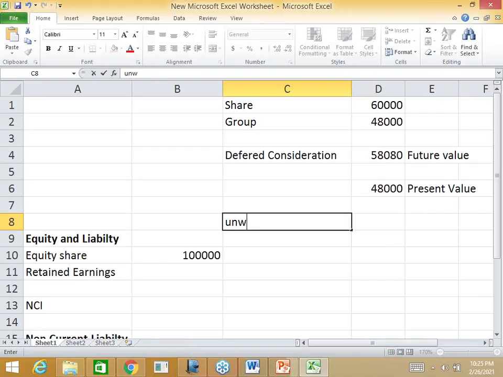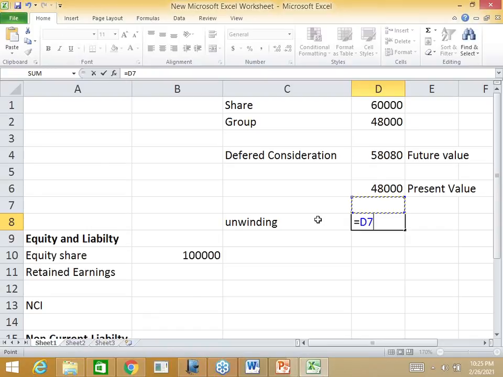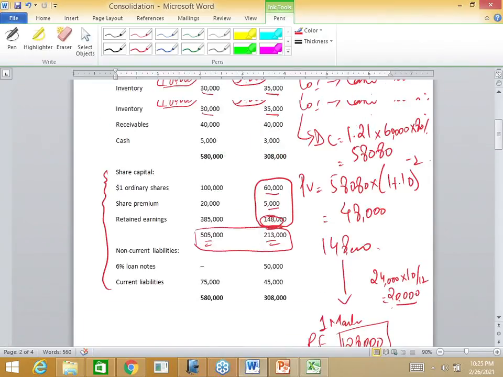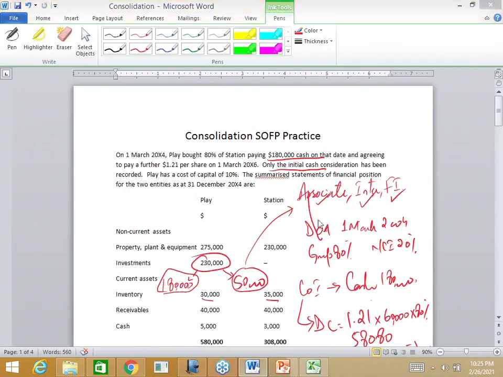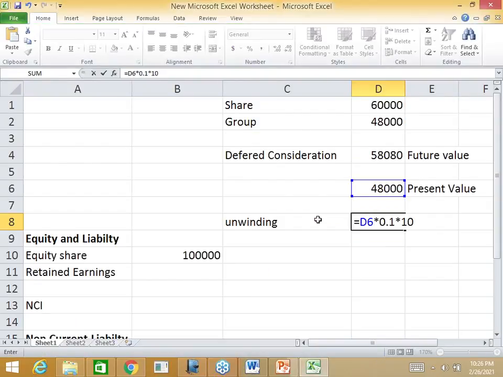Suppose you have done the working here: unwinding is 10%, into 0.1, multiplied by how many months? From March to December, 10 upon 12.